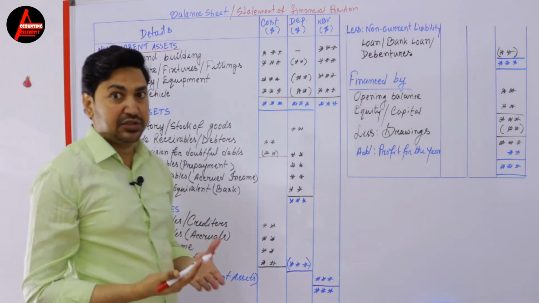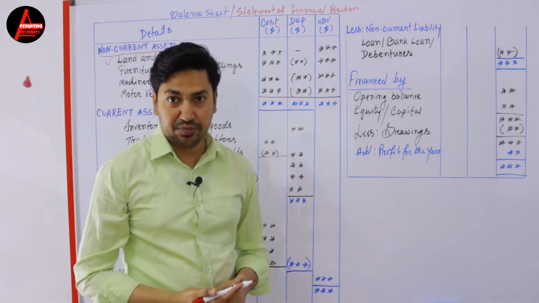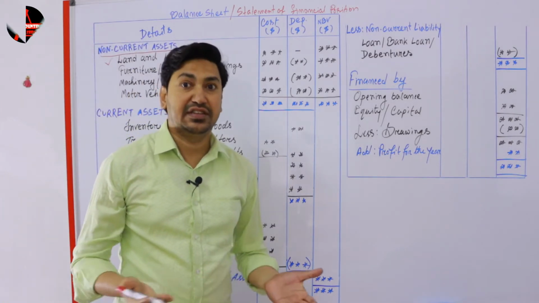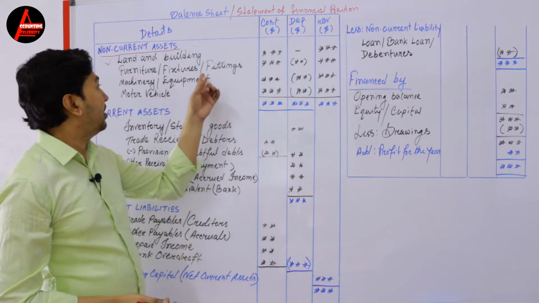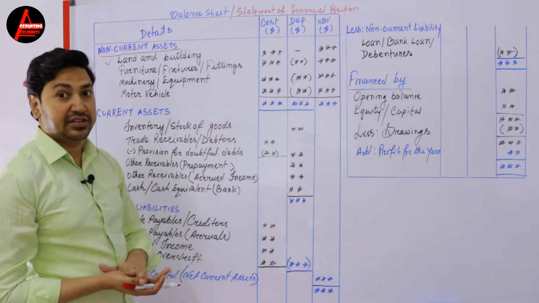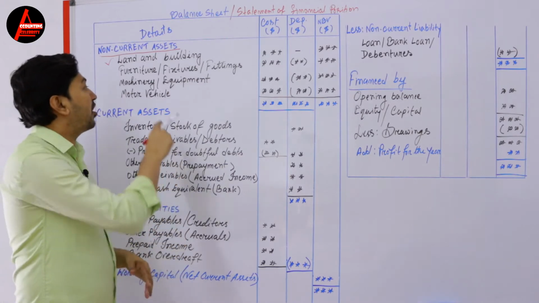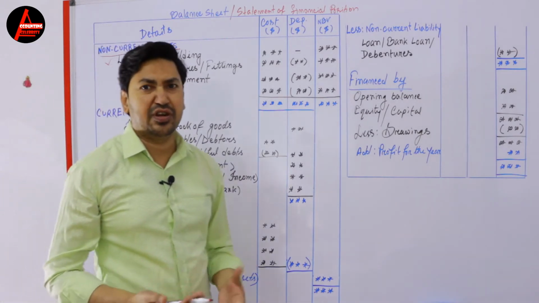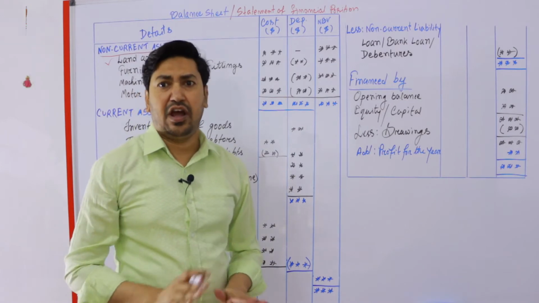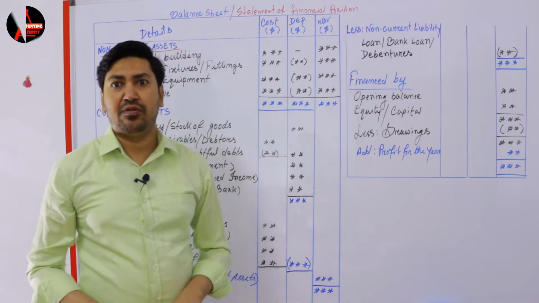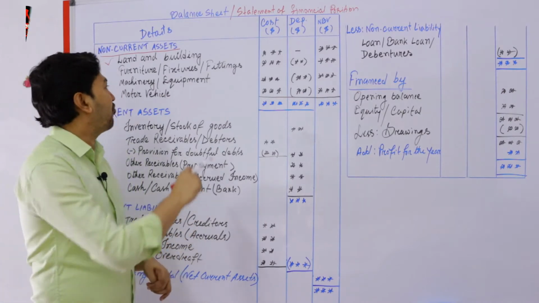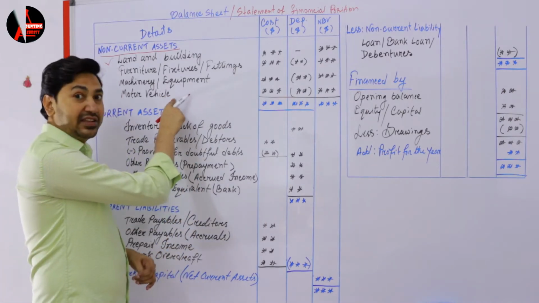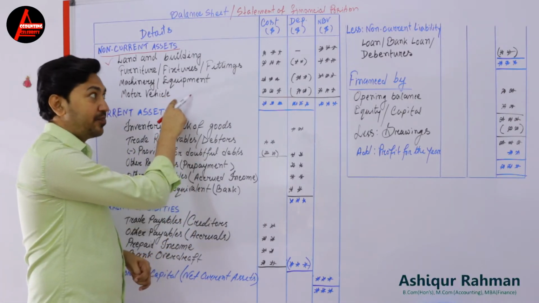If there are any office machinery or office equipment, computers, this stuff will come here in this non-current asset section. Then motor vehicle, motor van, delivery van, motor car, whatever it is. If you have this type of asset in the trial balance, take it and write it here, in this non-current asset section.